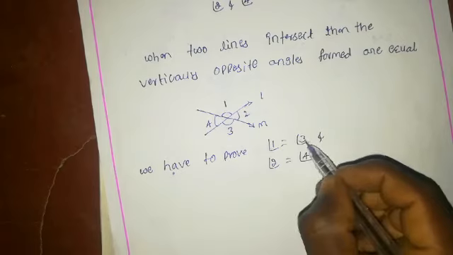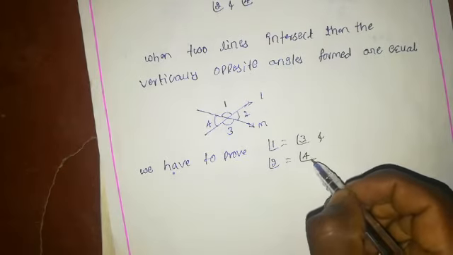For angle 1 the opposite angle is angle 3, for angle 2 the opposite angle is angle 4. We have to prove this.